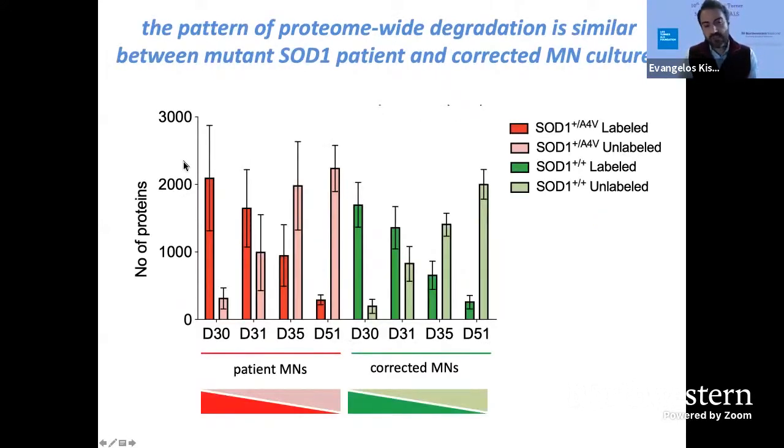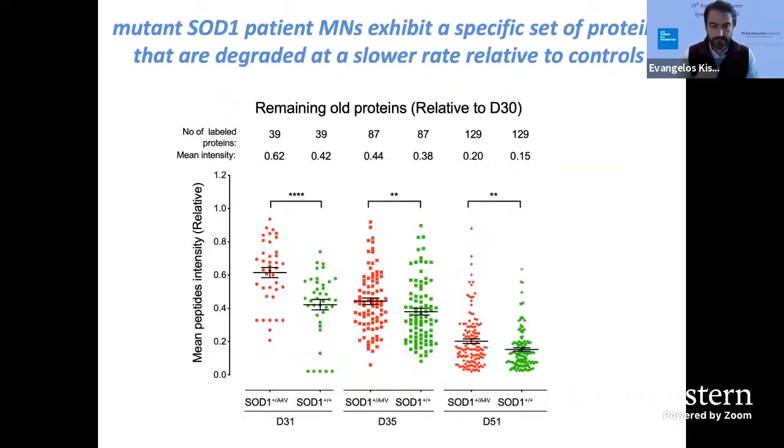This is a quantification of the entire proteome, the labeled and unlabeled, and as expected, as you chase out the proteome between days 30 and 51, the amount of labeled proteins disappears from the culture, and the amount of newly synthesized proteins appears in the culture. There were really no differences between the mutant and the control motor neurons, suggesting that the pattern of proteome-wide degradation was similar between these two genotypes.